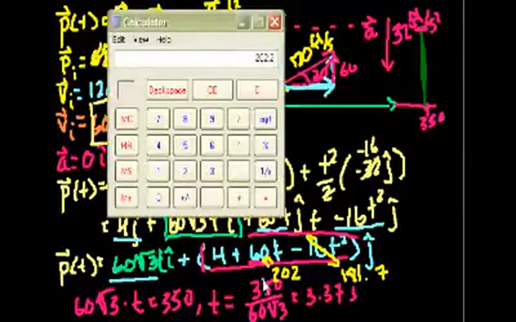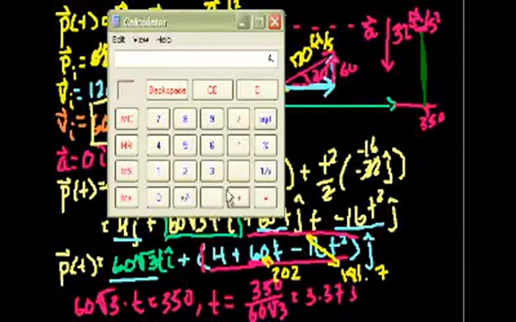So you have the 202.2, and then you add the 4, and then we're going to subtract this number, right, because it was minus 16t squared. And you say minus 181.7 equals 14.5 feet.